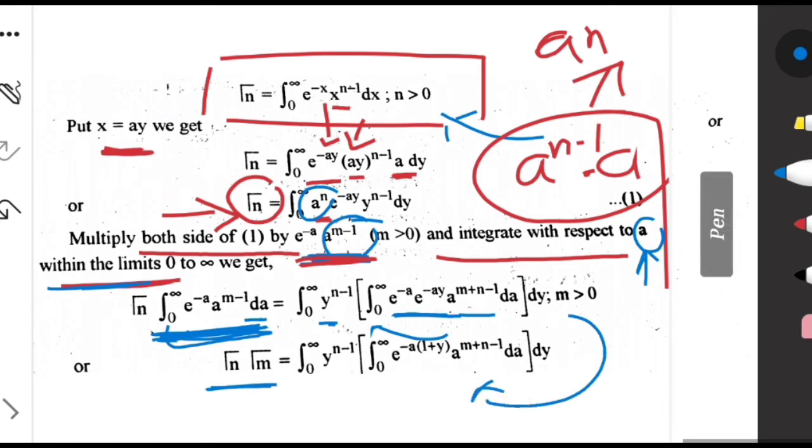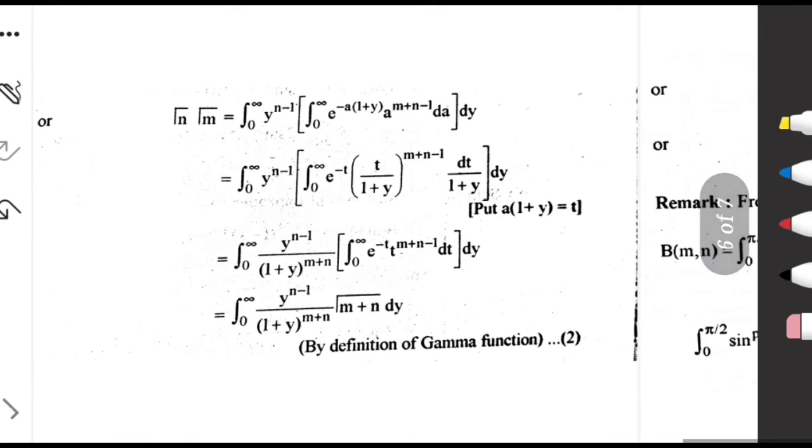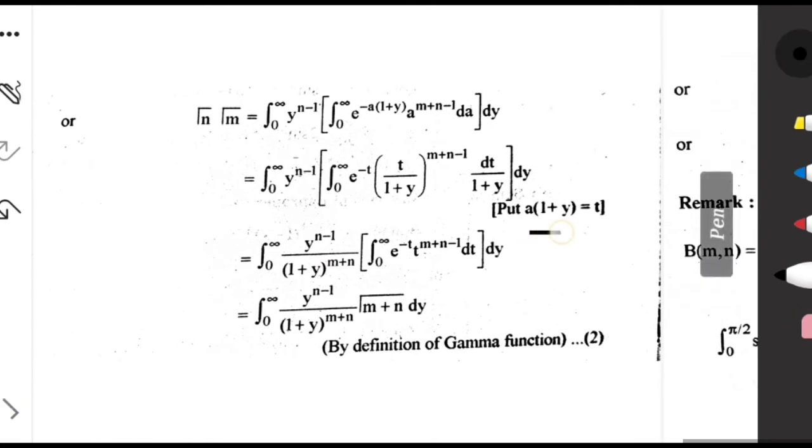We have just taken minus a common, and in the bracket it will be 1 plus y. Now we will put 1 plus y times a as t.